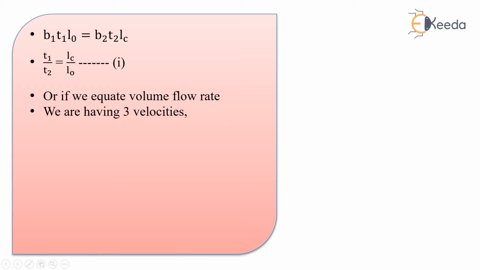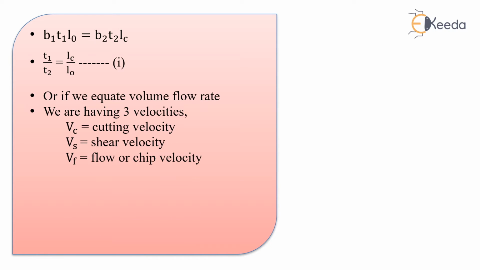Or simply, if we equate these in terms of the volume flow rate instead of simply volume, then there will be three velocities we are getting. Along the cutting direction we have the cutting velocity, along the shear plane we have the shear velocity, and where the chip is flowing we get the chip velocity, or simply flow velocity.